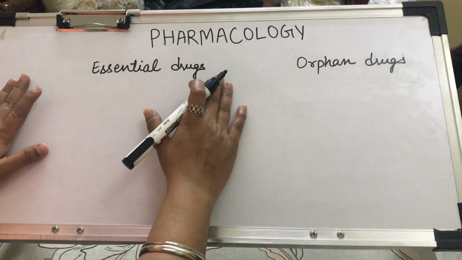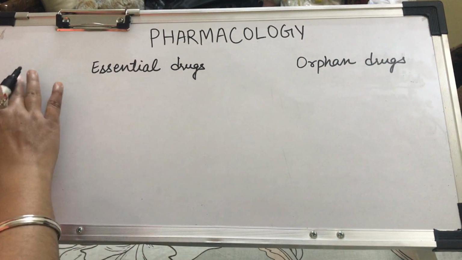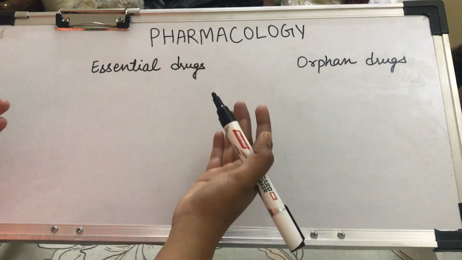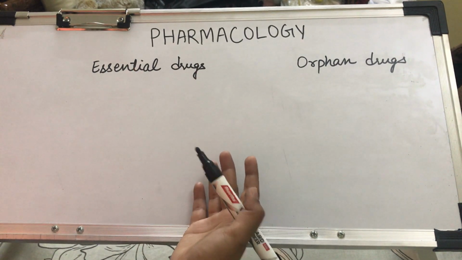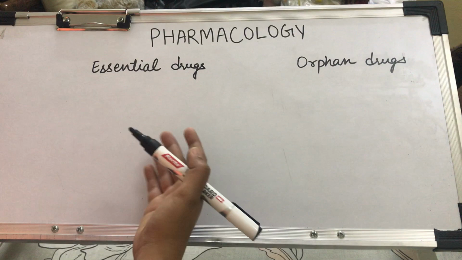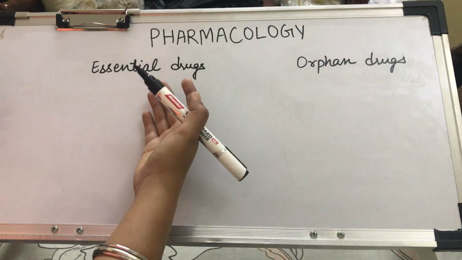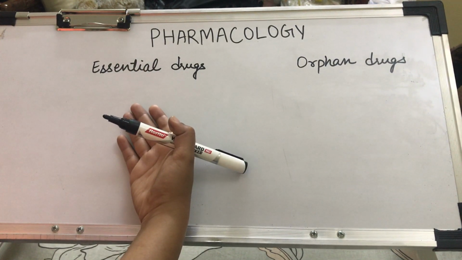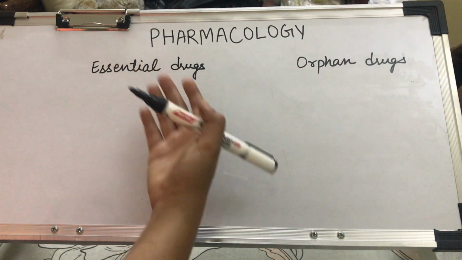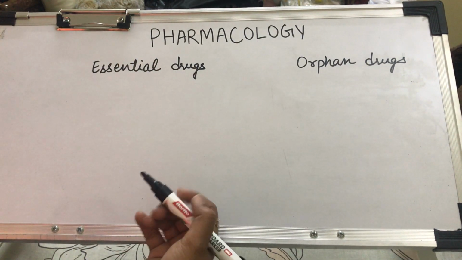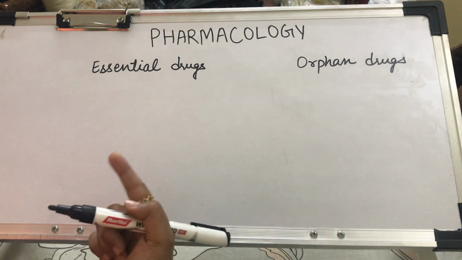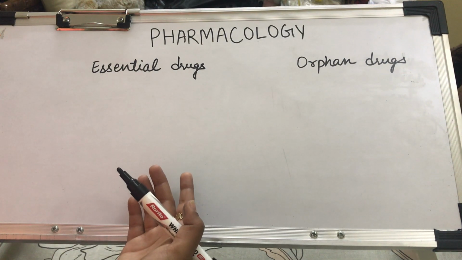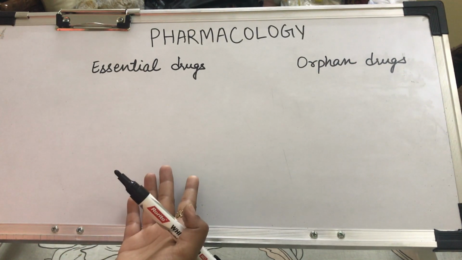In simple words, they are essential, and these should be easily available to the general population. If they are to be made available, they have to be selected first. So how are they selected? They are selected on the basis of their efficacy and their safety profile, their storage stability, their cost, and their effectiveness.